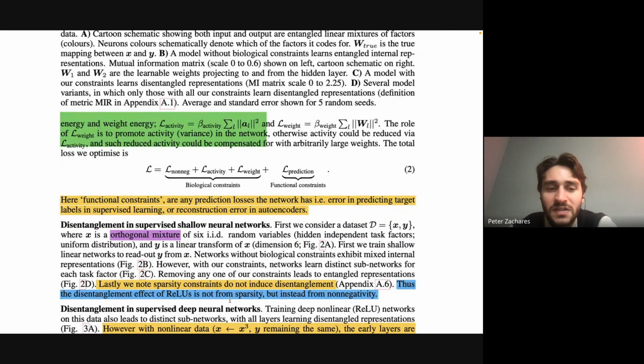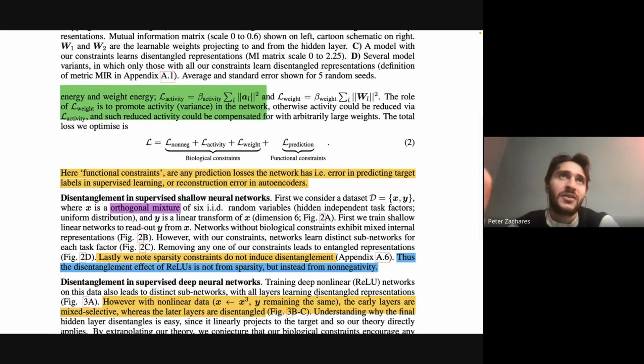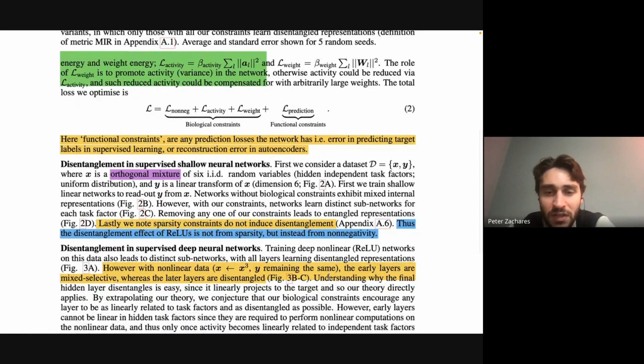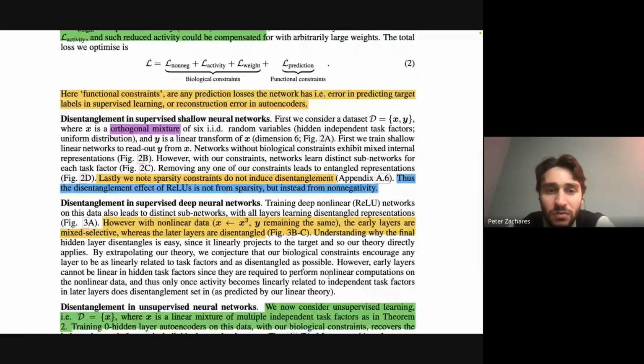So they're saying, thus, the disentanglement effect of ReLU is not from sparsity, but instead from non-negativity, which I thought was a little bit counterintuitive, but cool. You'd think that sparsity would help with disentanglement, but they're suggesting that that's not the case. Interesting result.